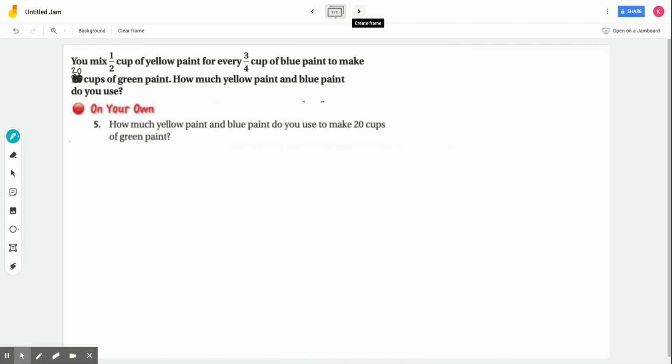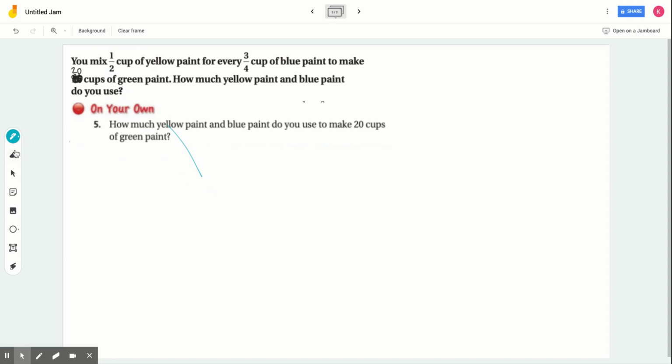Here we have you mix 1/2 cup of yellow paint for every 3/4 cup of blue paint to make 20 cups of green paint. How much yellow paint and blue paint do you use? So how much yellow and blue paint are we going to need to make 20 cups of green paint?